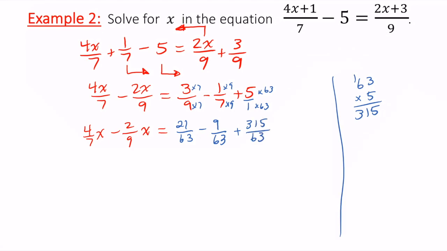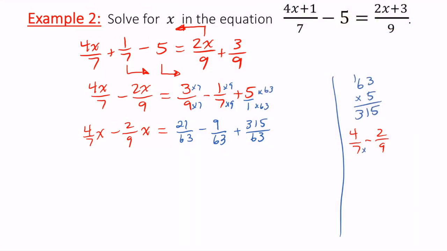Okay, perfect. And in this next step, we can work on the left-hand side and the right-hand side at the same time. So I'm going to subtract 2 over 9x from 4 over 7x. So on the right-hand side here, I'm going to do 4 over 7 minus 2 over 9.